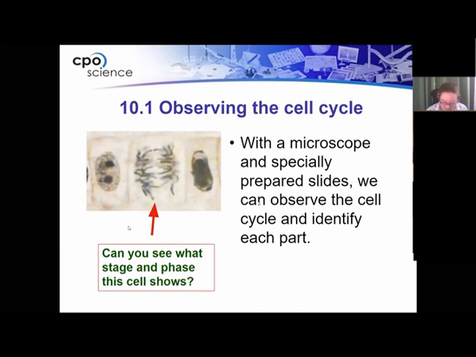And can we tell what stage and phase this middle cell is showing us? Looks kind of like they're building a snowman there. Okay, it is definitely separating. Camilla just told me it. The middle one kind of looks like a spider. Aspen just got it, perfect.